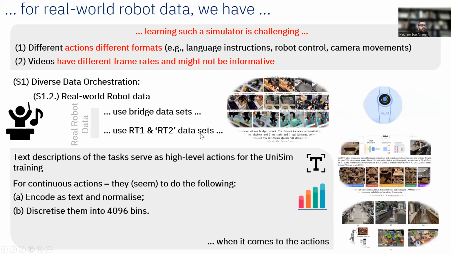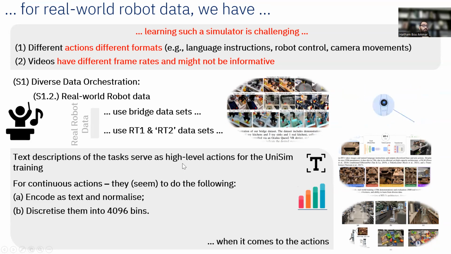The RT-1 and RT-2 datasets have been big discoveries by, I think, Google, where they were able to build models that transform text into actions for the robot, and ingest a lot of heterogeneous actions. So how do they encode the actions from the Bridge dataset and the RT-1 and RT-2 datasets?